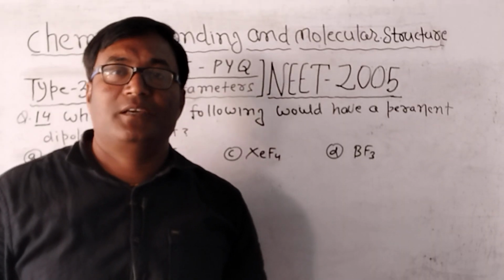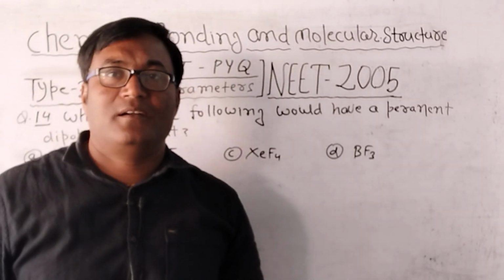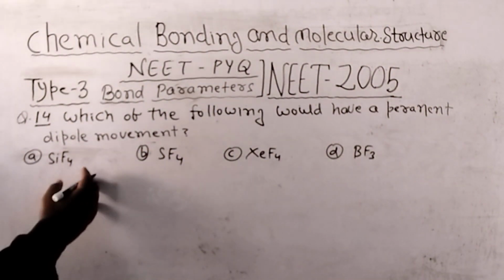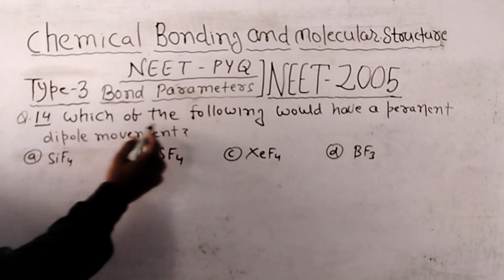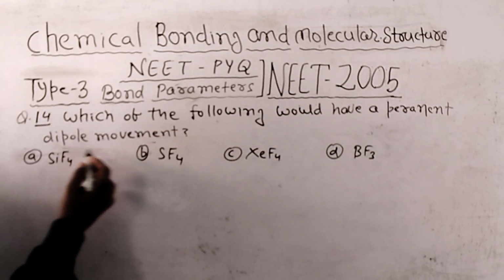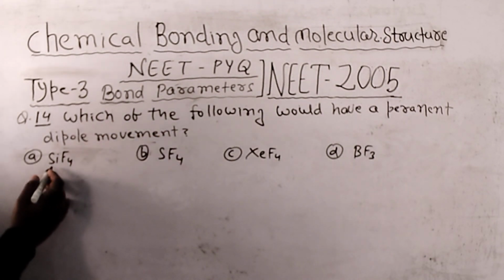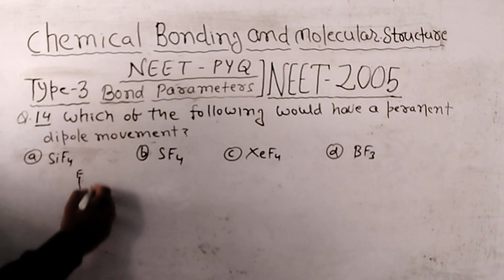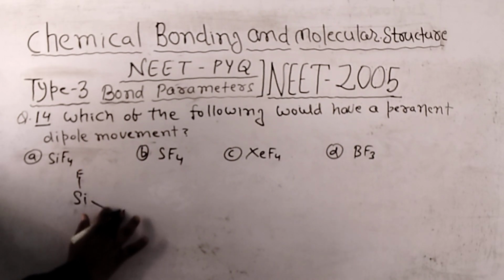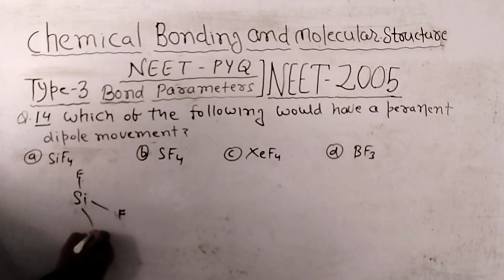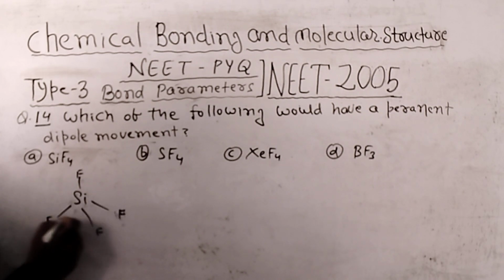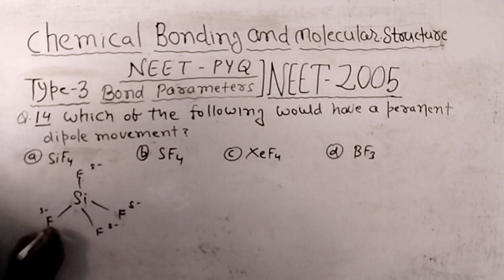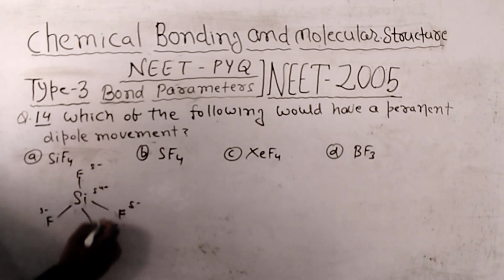Question number 14 is based on calculation of permanent dipole. According to the question, which of the following would have a permanent dipole moment? Option first, silicon tetrafluoride. The structure of silicon tetrafluoride is tetrahedral. The four fluorines are delta minus and silicon is delta 4 plus.